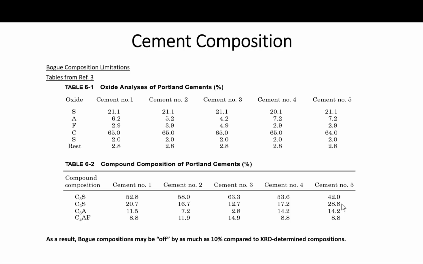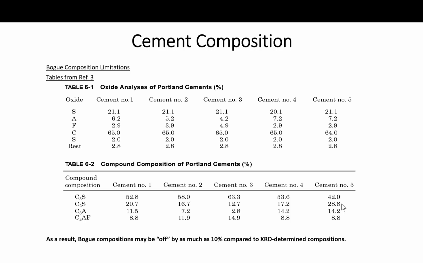Okay, so we have the moral of the story. We have to be aware of some of the assumptions underlying the Bogue equations, and use them with care. The Bogue equations assume that chemical reactions of formation of clinker compounds have proceeded to completion, and that the presence of impurities such as the magnesium oxide and the alkalis can be ignored, which is not true.